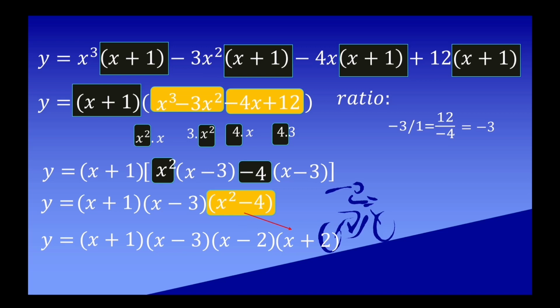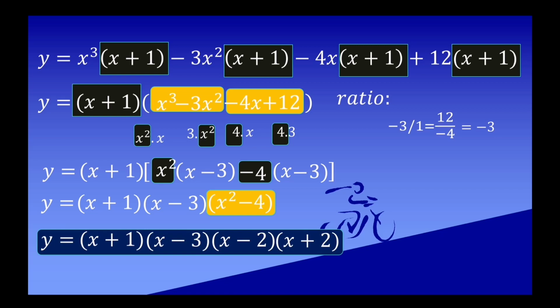So y is equal to a quantity of x plus 1 multiplied by x minus 3, then a quantity x minus 2 multiplied by x plus 2. Okay, so these are all about writing polynomial functions in factored form. So one thing to remember, we need to learn how to factor.